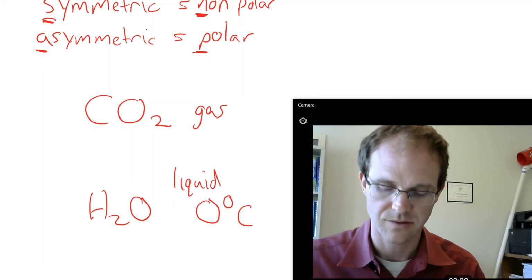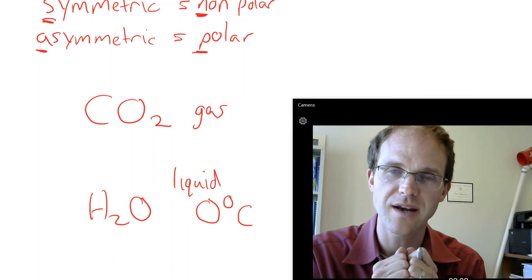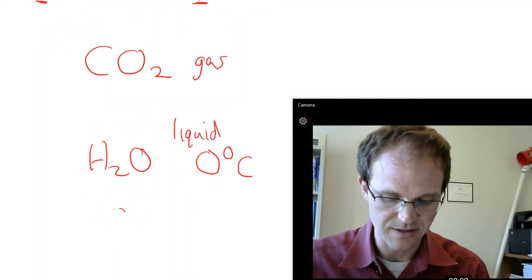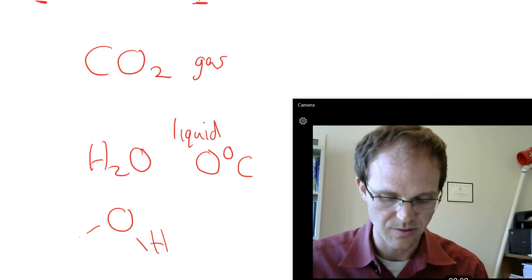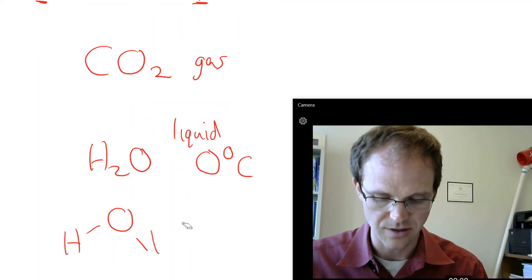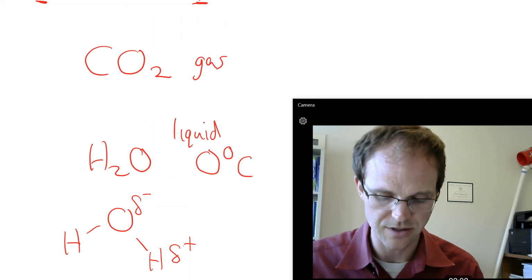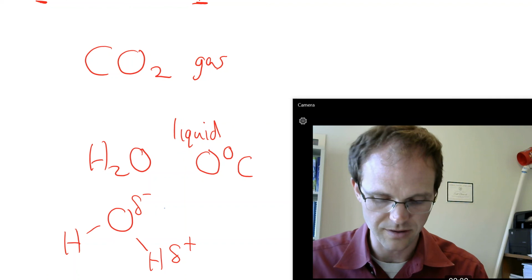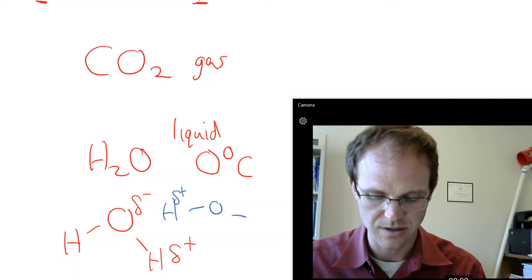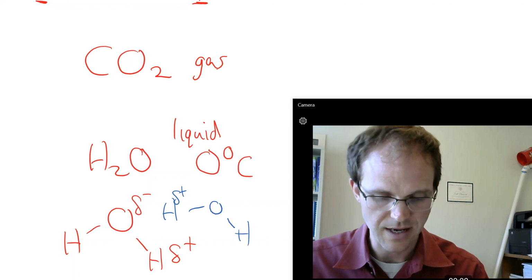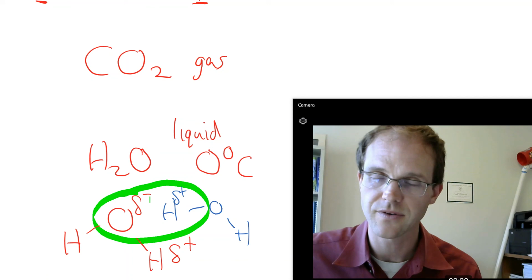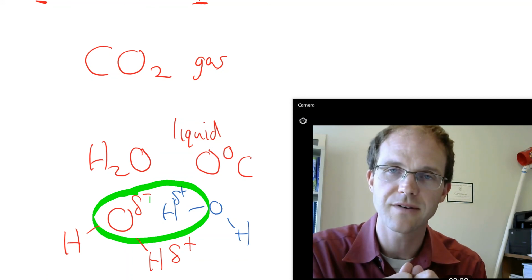Why? Well, liquid means they want to stick together. Why do they want to stick together? Because water is a very polar molecule. When you have these hydrogens over here, and you've got this negatively charged oxygen, slightly positively charged hydrogen, when another water molecule comes by with its slightly positively charged hydrogen, he's going to interact with that negative oxygen there, and they're going to be kind of attracted to each other.